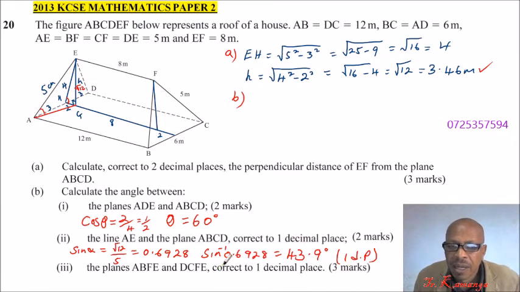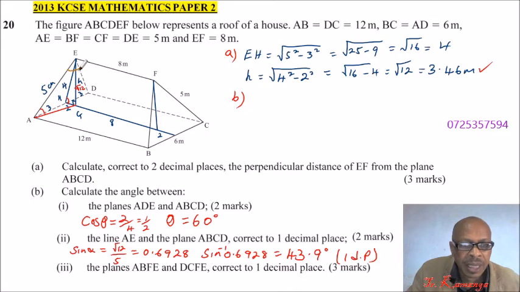Then we have the plane. You get the angle between the plane ABFE, this plane here, ABFE, and DCFE. So actually the angle that we are required to find here is this angle here.